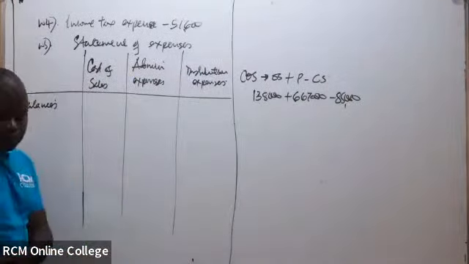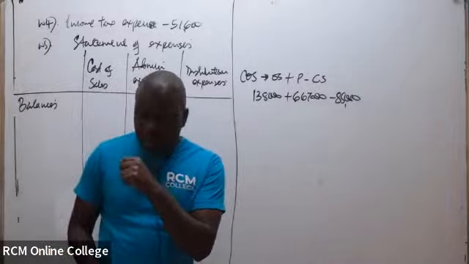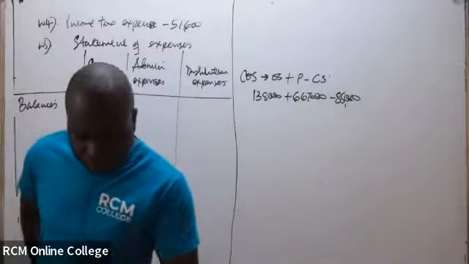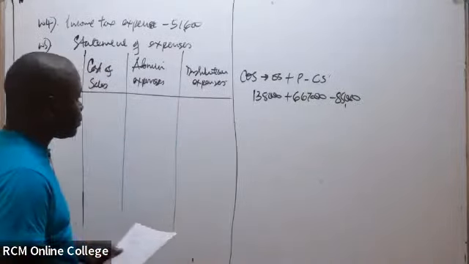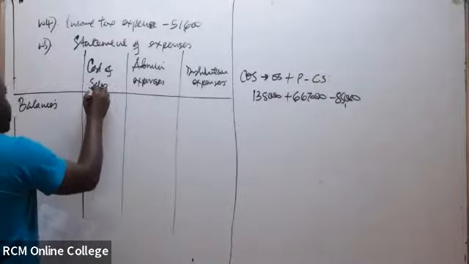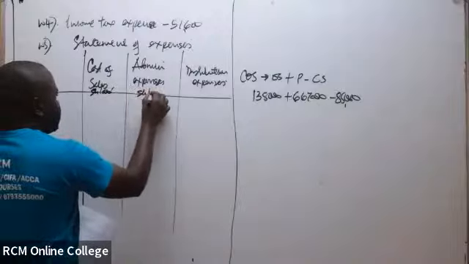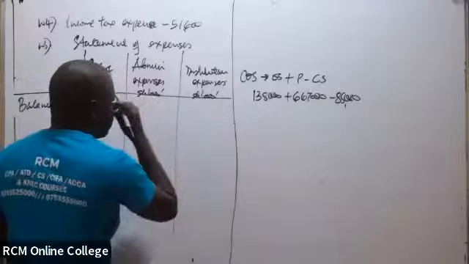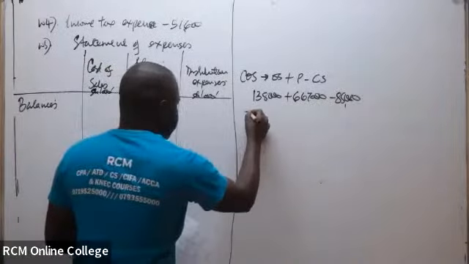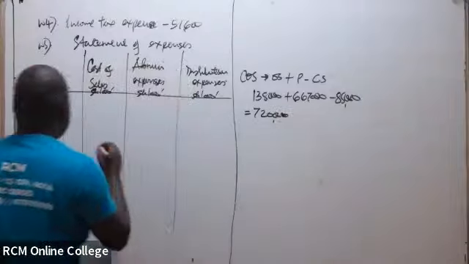So what do you get when you do that computation? You get 720,000. Remember, our shillings here are in thousands, so you'll end up getting 720 million.